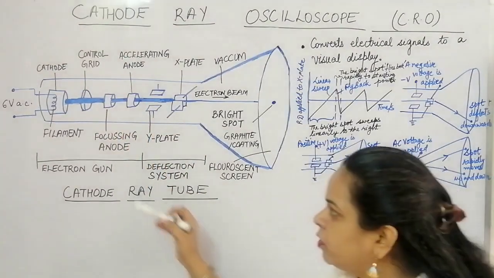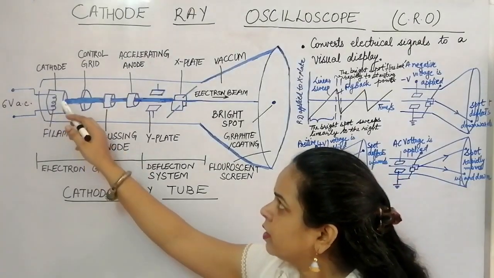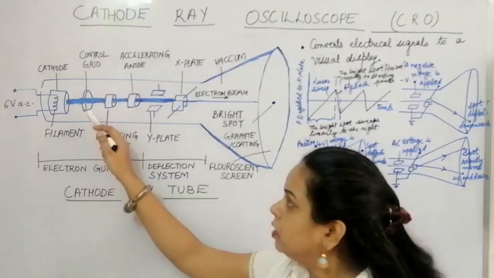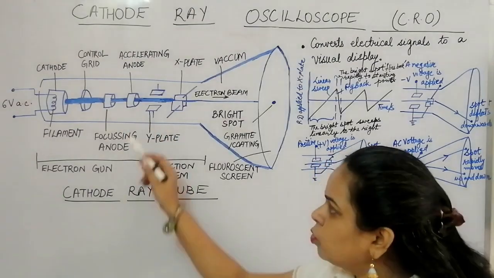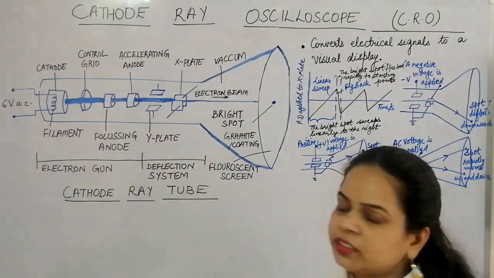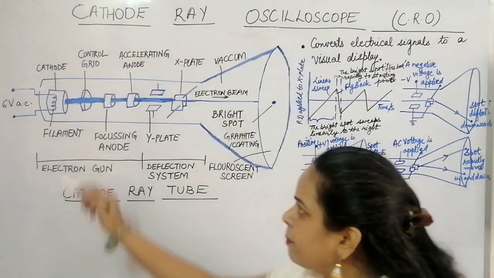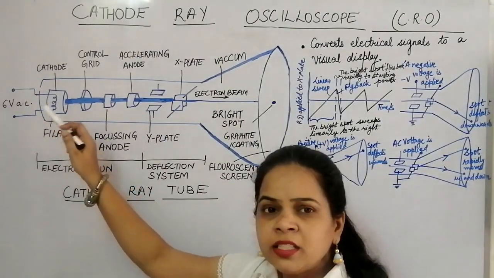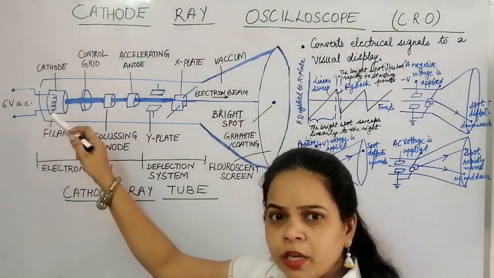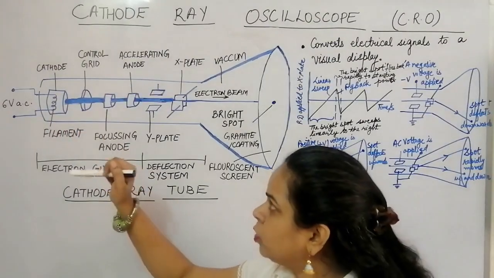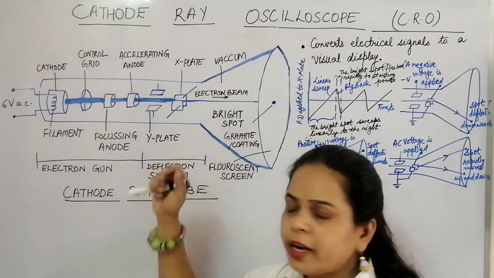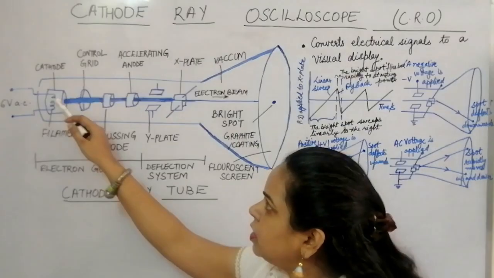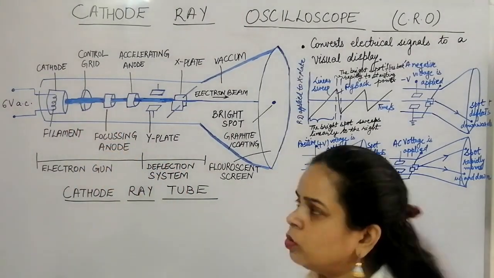The two anodes are the focusing anode and the accelerating anode. So what is happening here? The filament gets heated up, and the electron beam is liberated from the cathode, since there is a coating of metal ions which can liberate electrons. So this electron beam is liberated out.